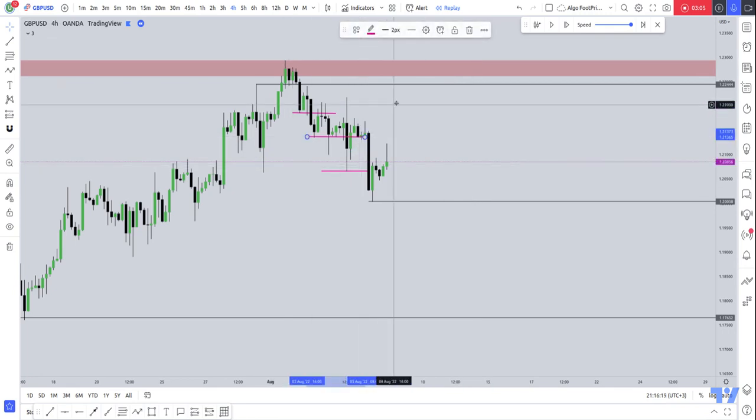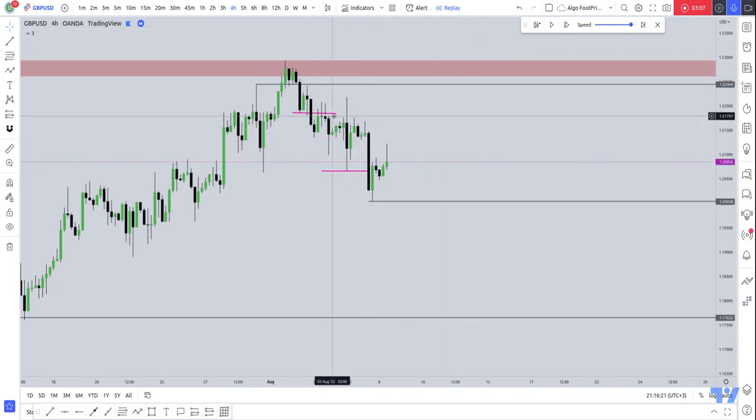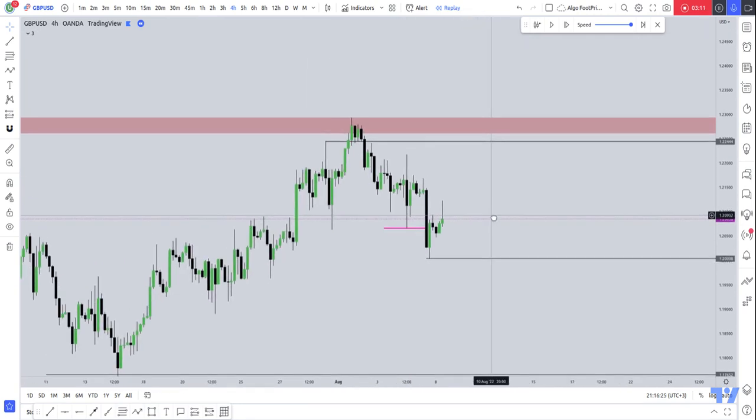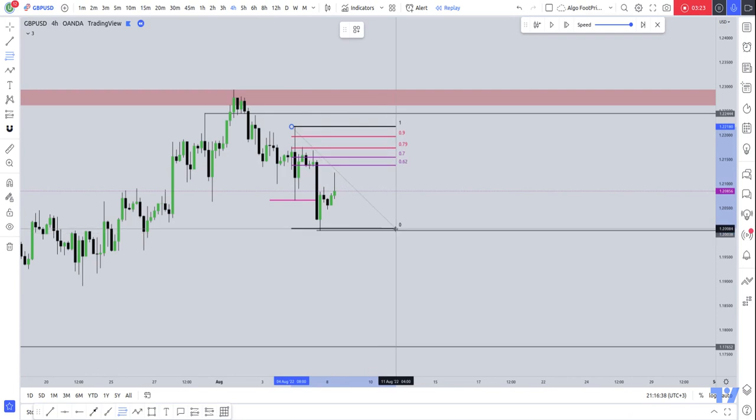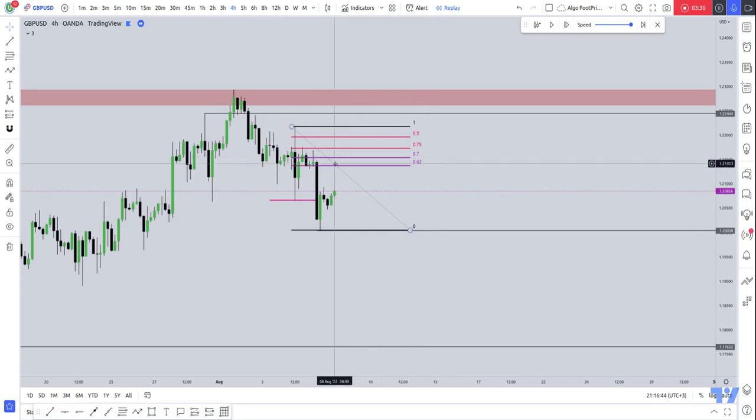That means we are in a bearish market, and our interests are to look for sales. Now, once price broke this swing low, I was expecting price to come back up, and I look for premium areas. If I'm looking for sales, I'm looking for trades that are into this zone.